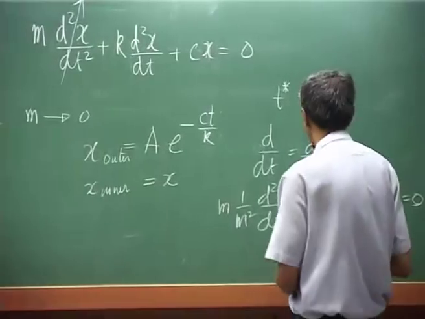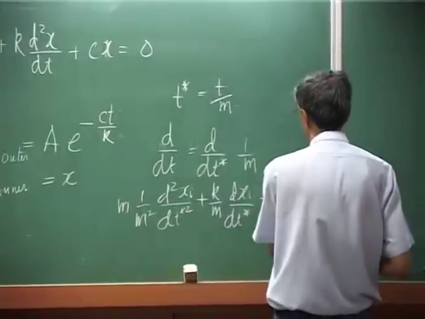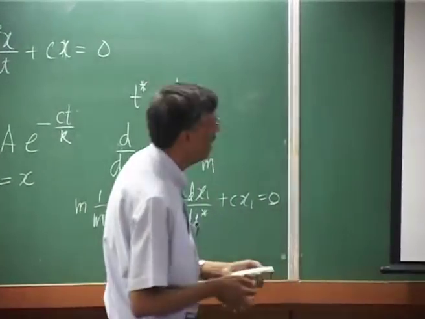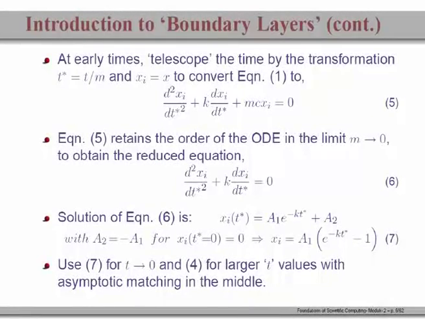Now you can see this 1 over m goes here. So m comes there, and these two terms are devoid of that m, which may be going to 0. Now, you can look at the limit m going to 0, then that last term drops out, and as a consequence you retain the order of the system. The reduced equation is still a second order equation, and you can solve it.